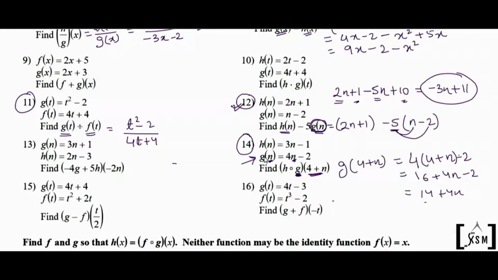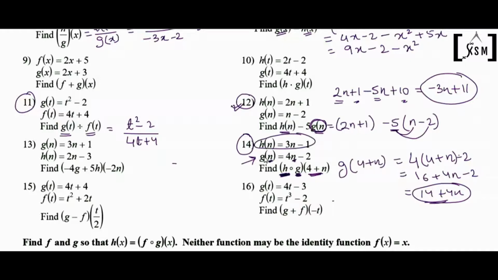Now guys, please understand, this value will plug into my h function because h was in the front. So in place of n in the h function, I am replacing n with 14 plus 4n.